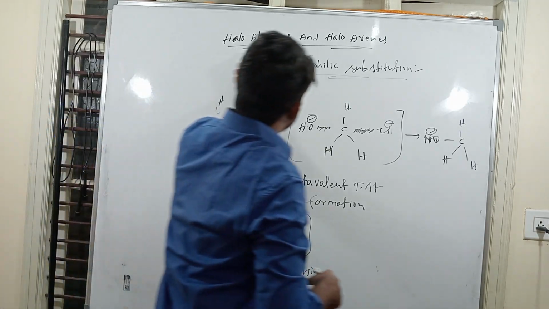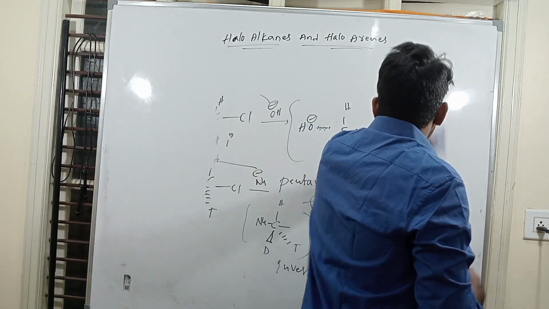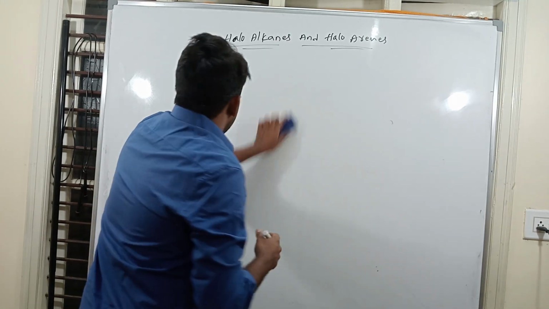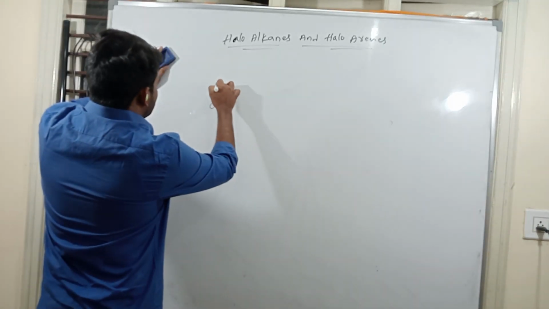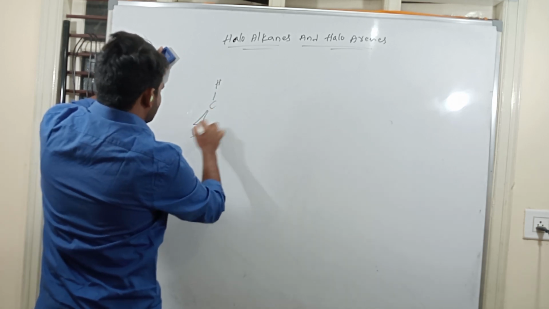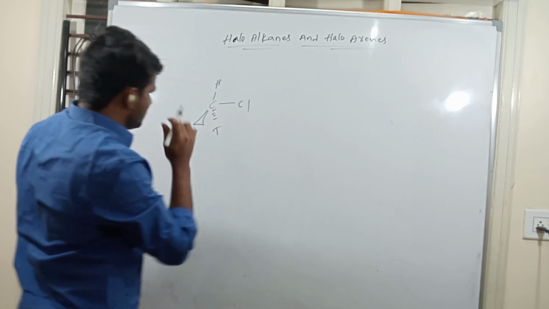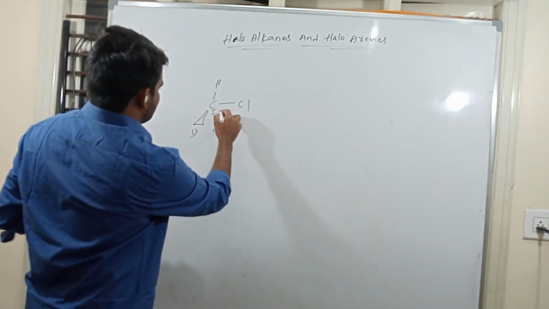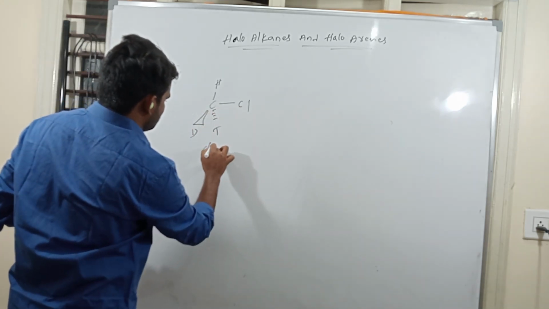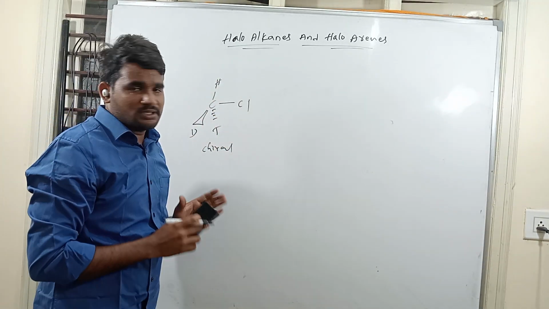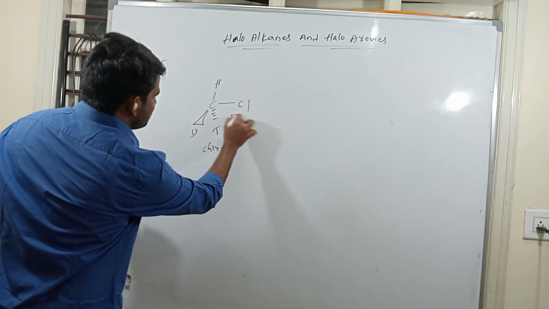Now we'll see what the actual chemistry involved in the SN2 reaction is. Take a chiral example with deuterium, tritium and chlorine. Carbon having different groups is nothing but a chiral compound. The carbon halogen bond has a sigma bond.